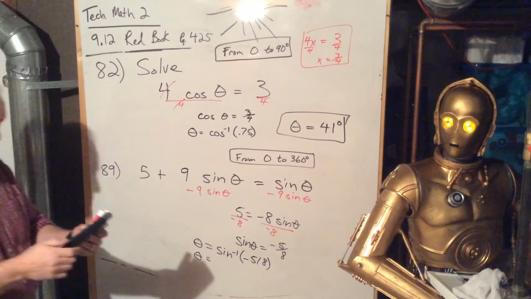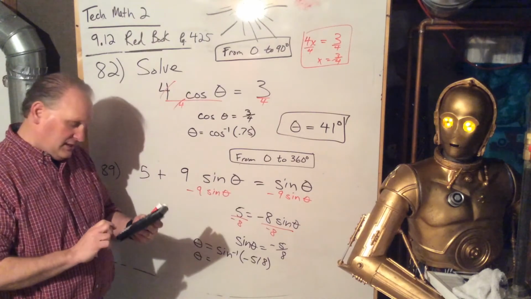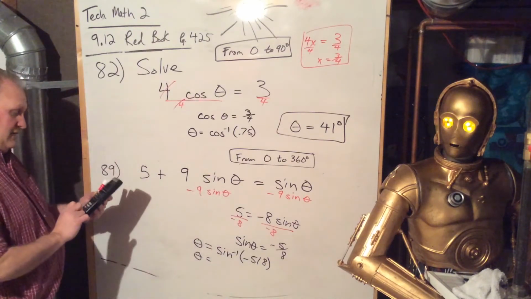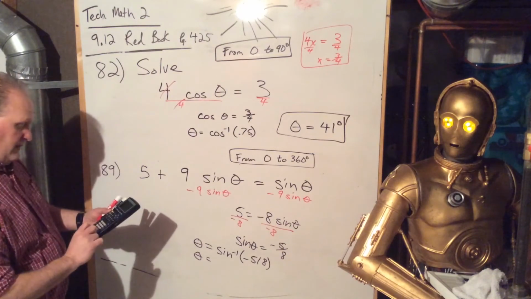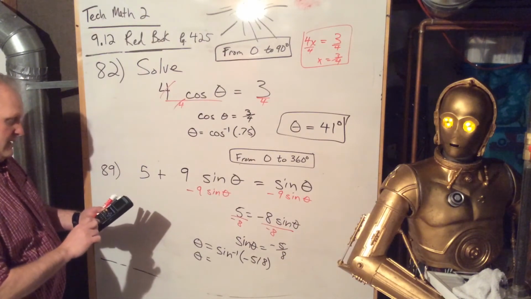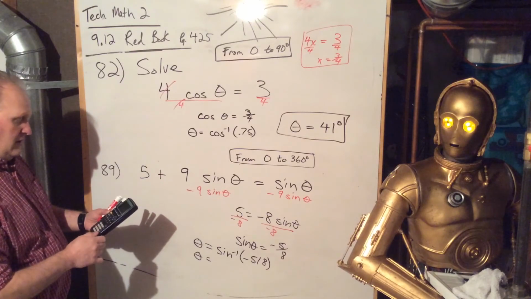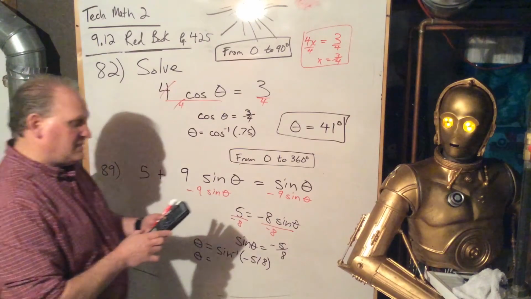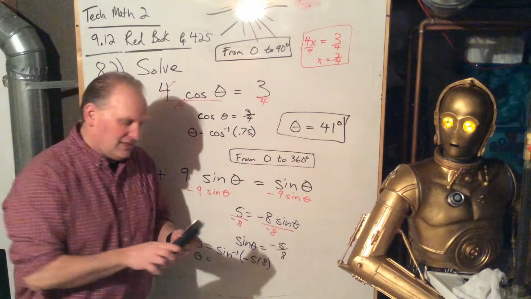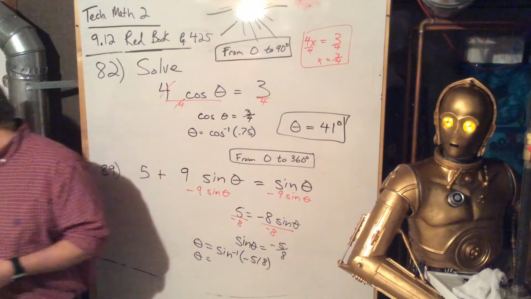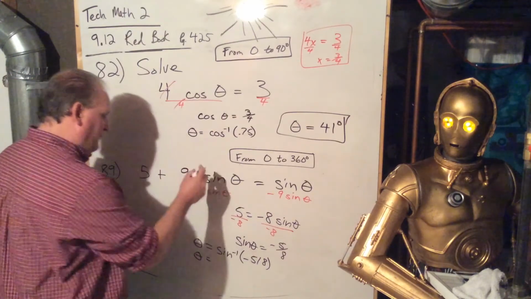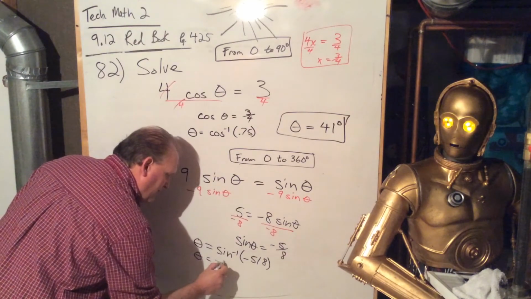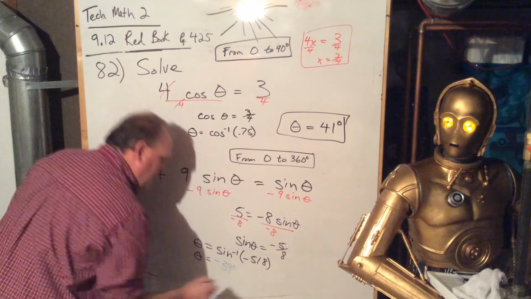So the arc sine of negative 5 divided by 8 is negative 38.7. We'll call it negative 39 degrees. Ooh, that doesn't help too much. That's not terribly helpful. Negative 39 degrees.